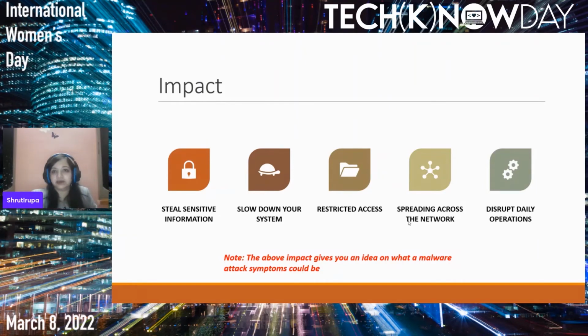This is the simplest thing: running just a single application should not lead to the slowing down of your system, provided your system has such an amount of RAM. 8 GB of RAM is really good, and a simple Word document should work very properly. And if it is not, it is very important to scan your system and have a look at what is happening.